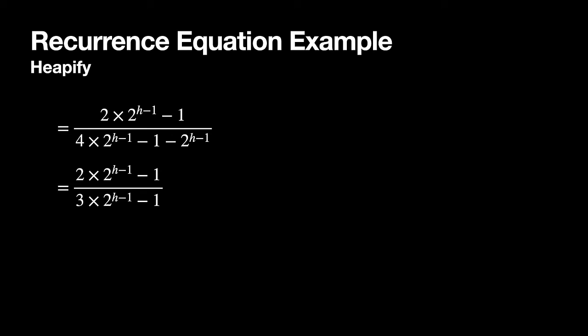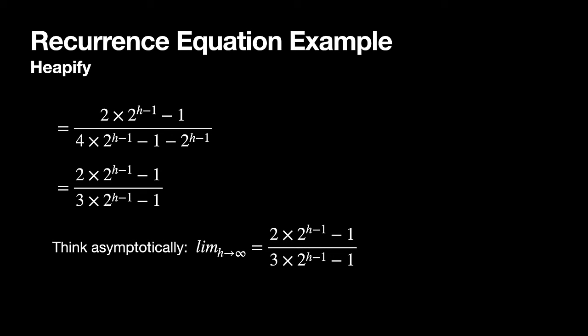Okay, so thinking asymptotically, we can think about the limit of this as our height approaches infinity. And essentially, it will simplify down to 2/3. Our 2 to the h minus 1 terms will essentially cancel each other out. The subtraction of the constants will be insignificant.